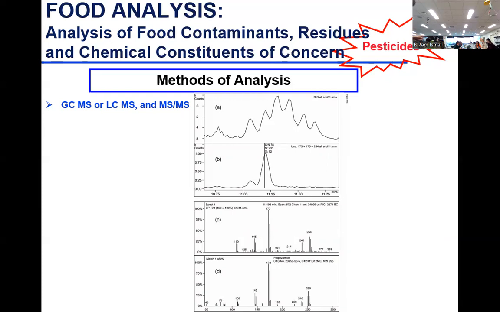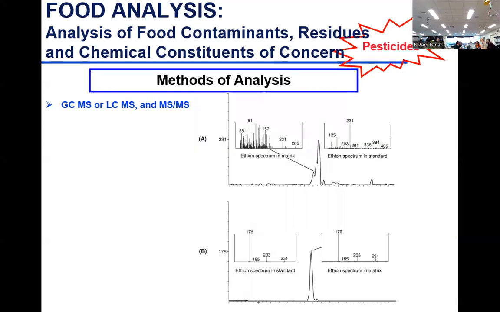So you link another MS, we call that MS in tandem, and then you get the specific ion, and you fragment it a little more, you get less crowded, and then you can have a better comparison to a standard. So this is the standard, for example, and this one is the sample, so you can get a good match. So tandem MS, and sometimes it's three MSs in tandem to get to a very good spectrum.